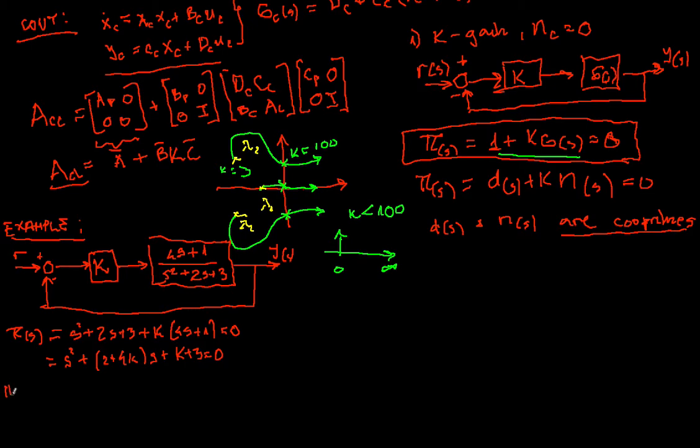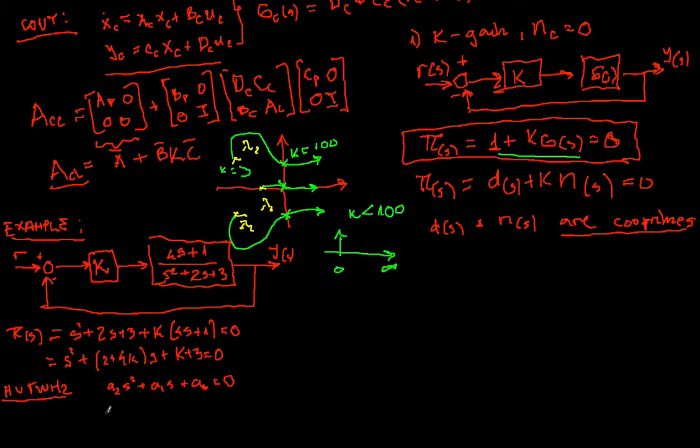From the Hurwitz criteria, we can inspect the coefficients of the characteristic polynomial and find out if the system is stable, and the sufficient condition is that there is no sign change in the polynomial coefficients in the Hurwitz table.